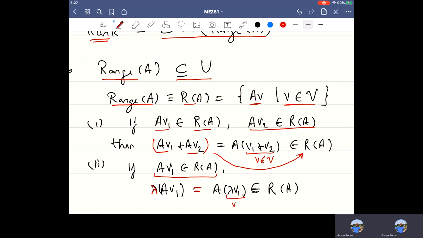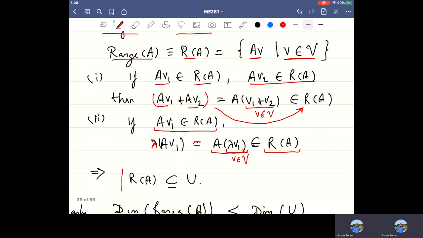Now this again is a vector of the vector space V, so from the linear mapping this is going to belong to the range of A. Clearly, these two properties are satisfied, and therefore we can call the range of A a subspace of U, and not V. The kernel space is a subspace of V. The range of A is a subspace of U.